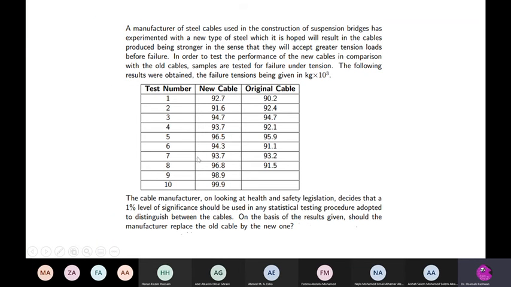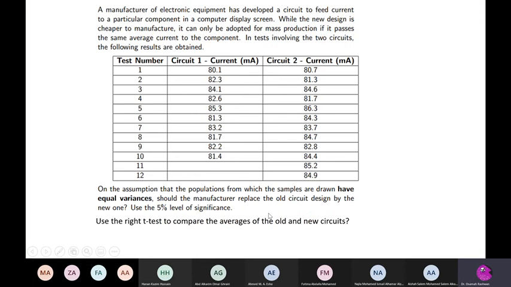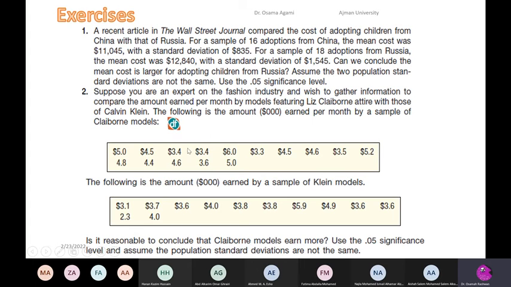But in this question, he didn't give you this assumption here, right? Fine. So to compare the mean for the two populations, you have two samples, right? And you have to do f-test first, unless like this question, he's telling you assume the two population standard deviations are not the same.